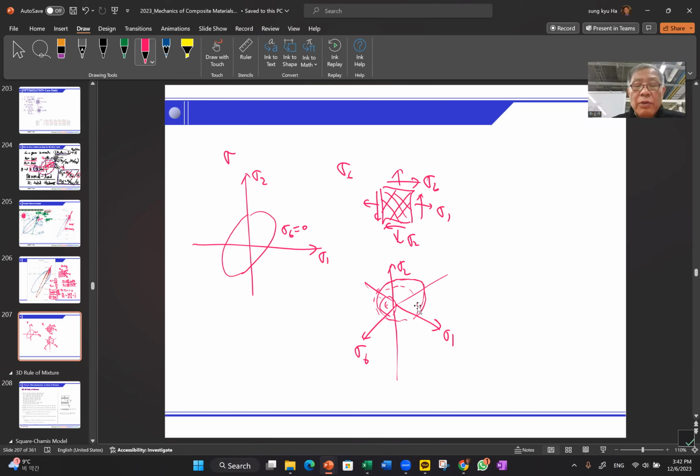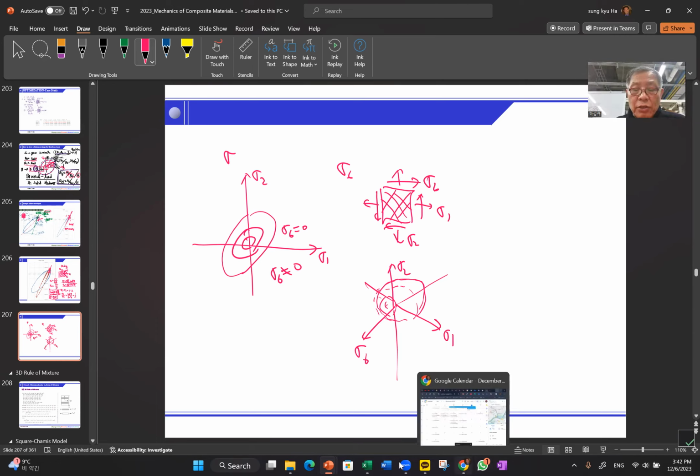So that would be the one. How can we generate that? We can simply apply sigma 6 as a certain value and plot, and then plot again with sigma 6 as another non-zero value, okay? And then we can reduce that.